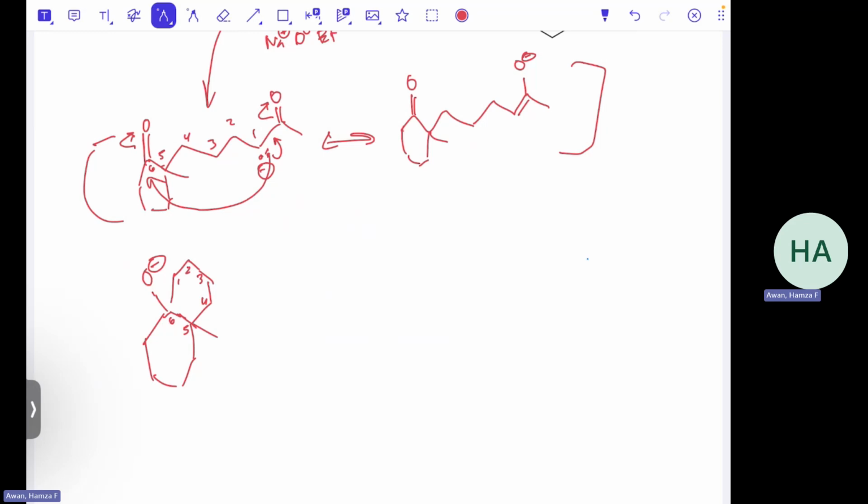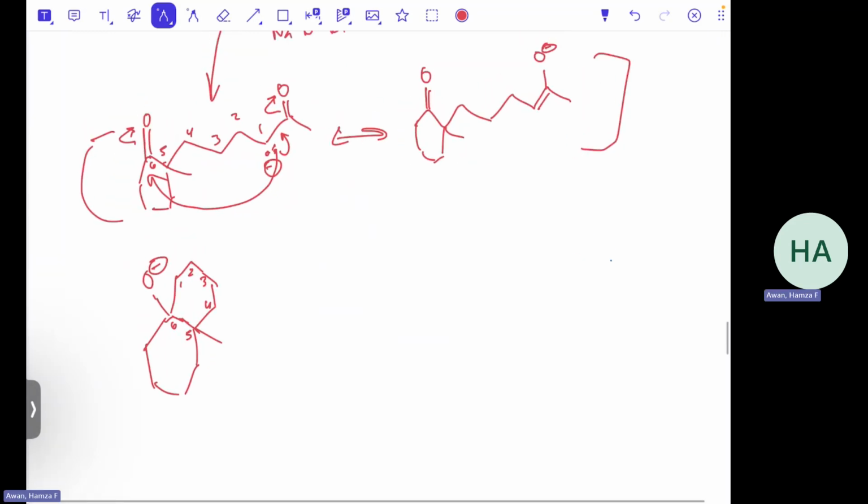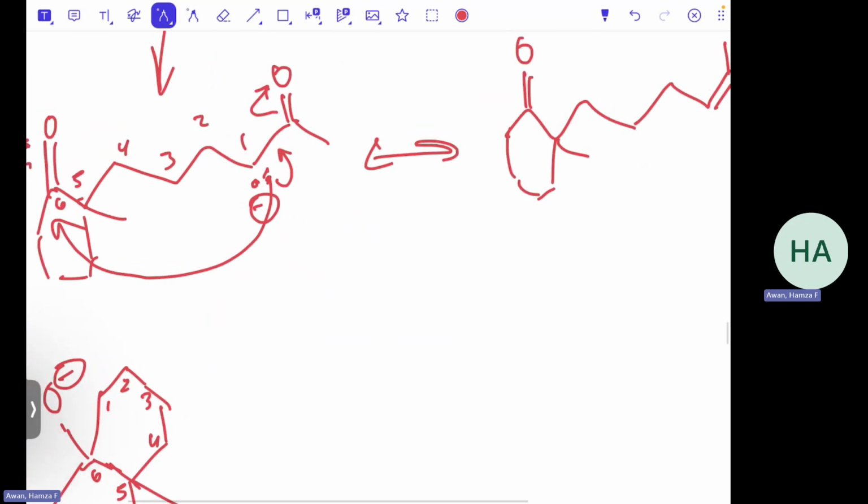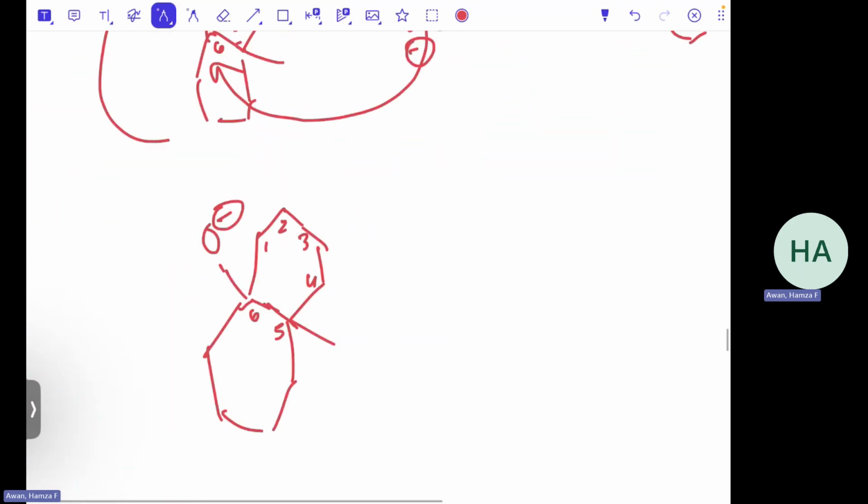Then carbon 1 is bonded to carbon 6. And then on carbon 1, we have our carbon double bond oxygen ketone. So on carbon 1, if we move this minus charge over here, we have our carbon double bond oxygen ketone.